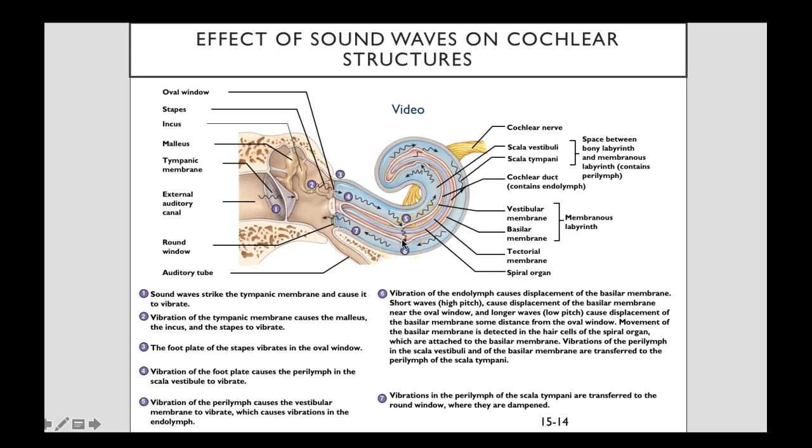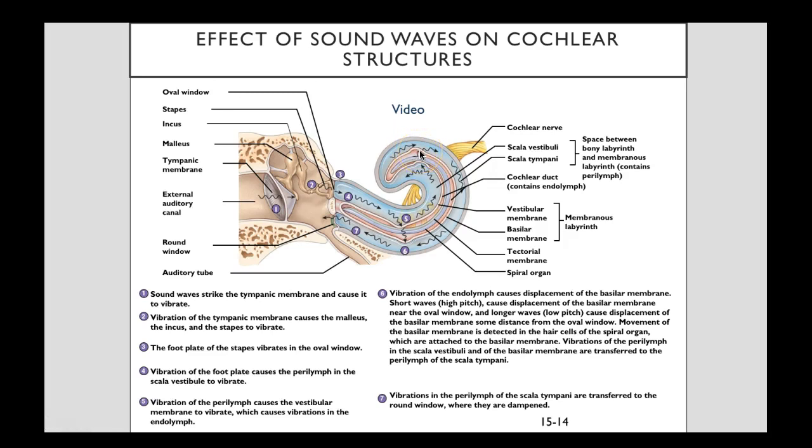If we have short or high-pitch waves, we will have displacement of the basilar membrane near the oval window. If we have longer waves or a lower pitch, we are going to have displacement of the basilar membrane a bit further along from the oval window. So we can say maybe in this region over here.